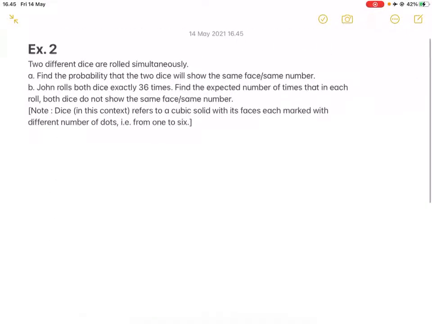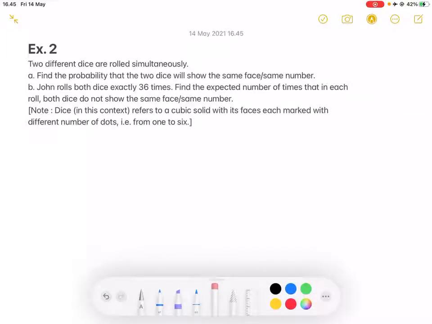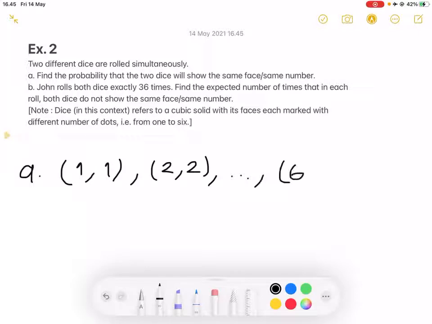Alright, now for part A. Find the probability that two dice will show the same face or same number. Now, we can write all combinations of both dice showing the same face or same number, and that will be first dice showing 1, second dice showing 1, and first dice showing 2 and second dice showing 2, and so on until first dice shows 6, second dice shows 6.